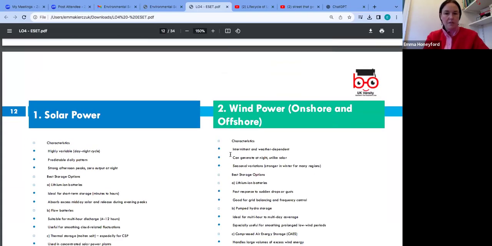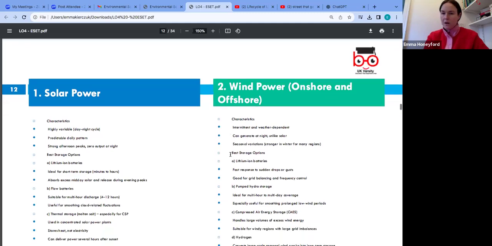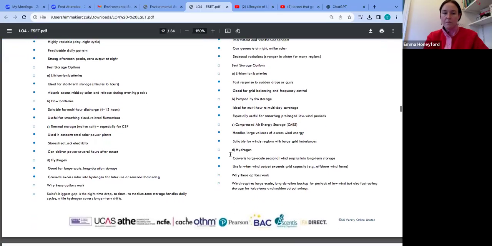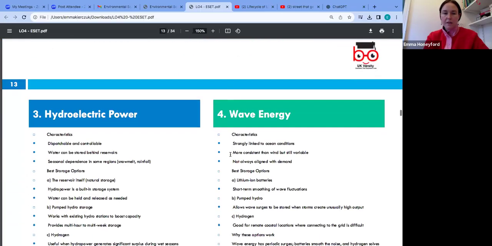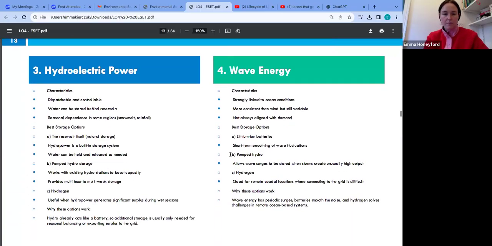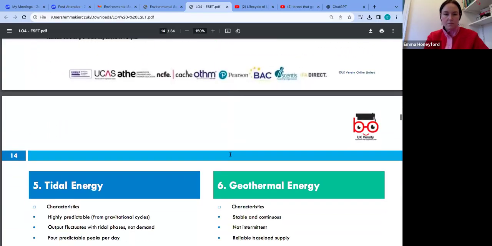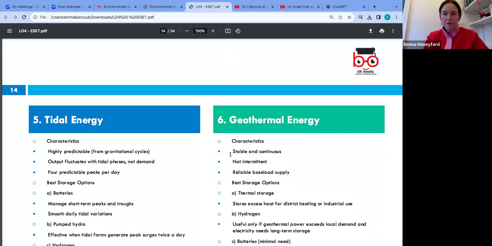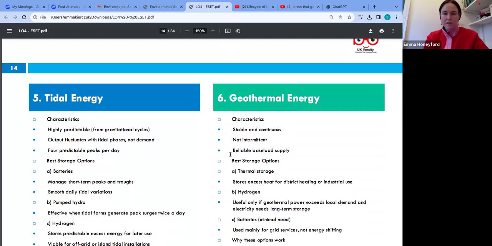So here we have the different types of renewable energy. We've got solar power, wind power, hydroelectric power, and wave power. Tidal power, geothermal energy. So these lists go through the different characteristics.